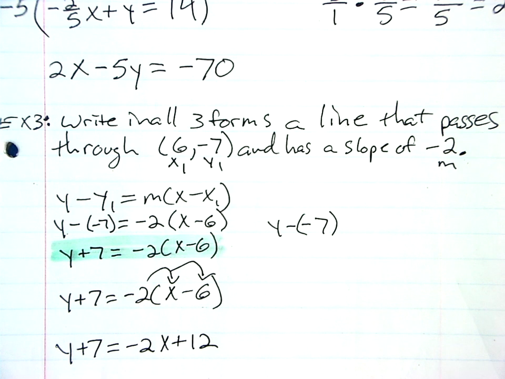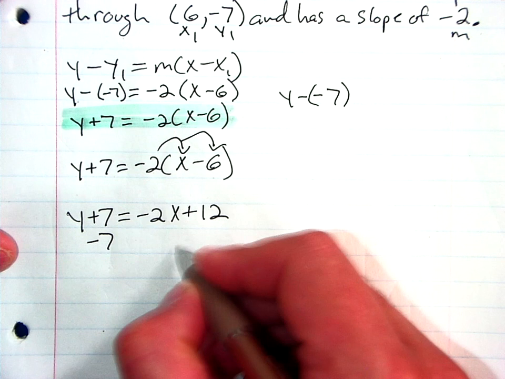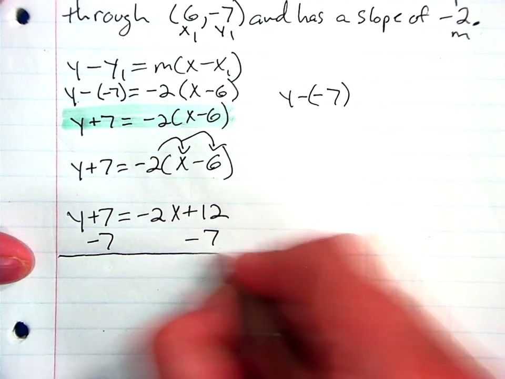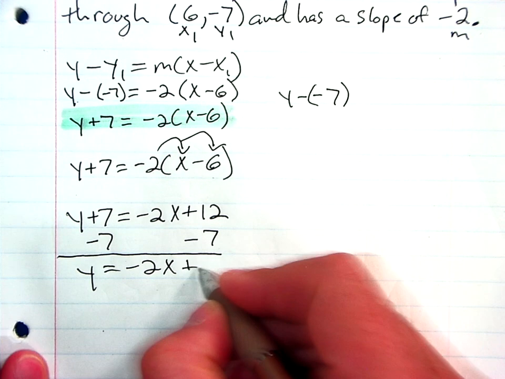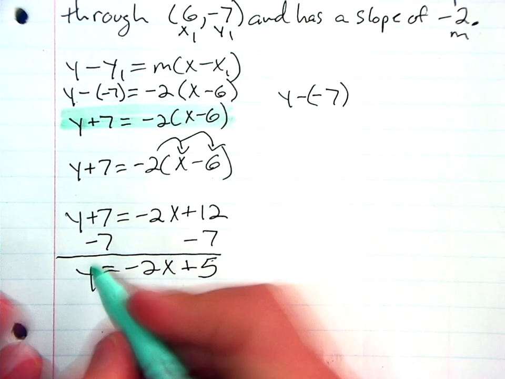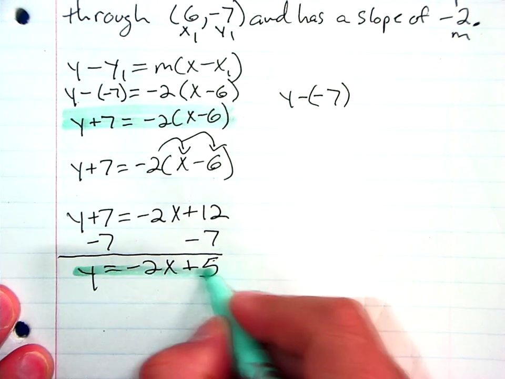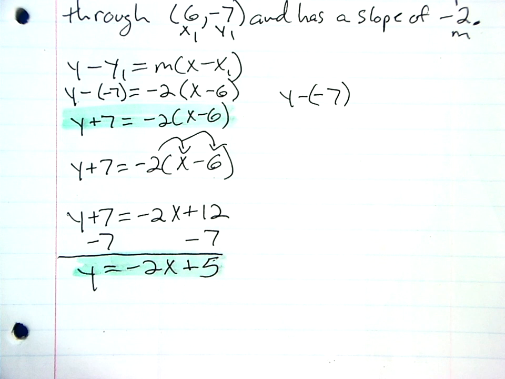Is that in slope-intercept form? Is the y by itself? So how do I get rid of a +7? So subtract 7 from both sides. John Knott, is this now in slope-intercept form? Yes. Highlight it or circle it, please. Or highlight it and circle it if you're a superstar.